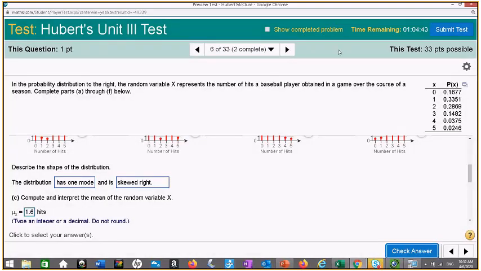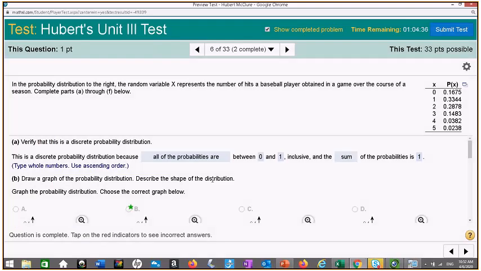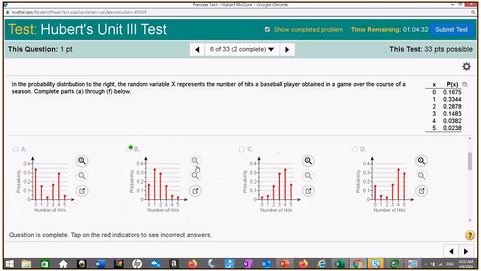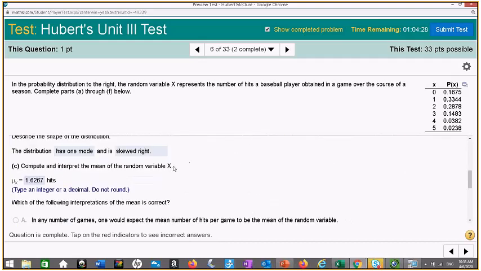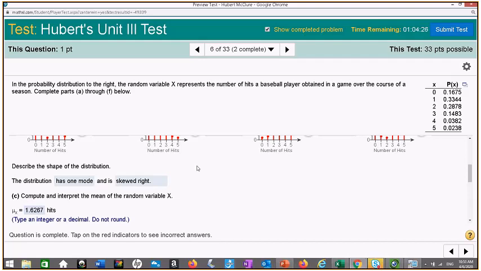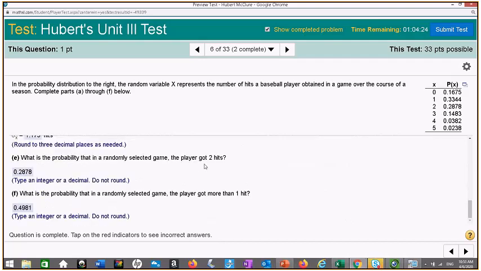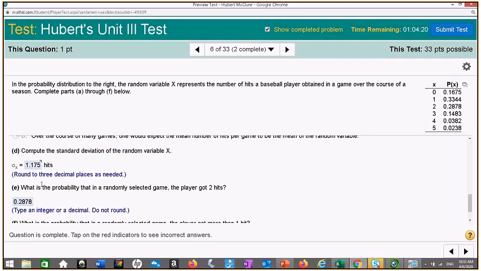Let's just see where I messed up. I don't like A through F questions. All right, let's see what I got wrong. Looks like I got everything right. So what did I get wrong?